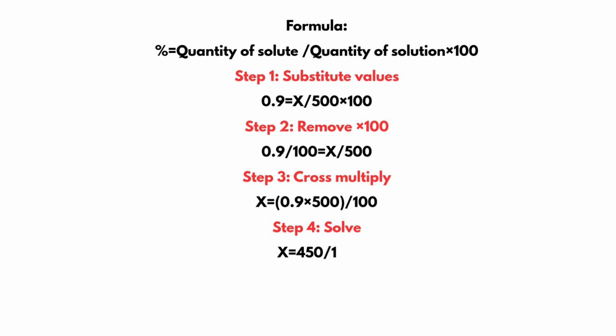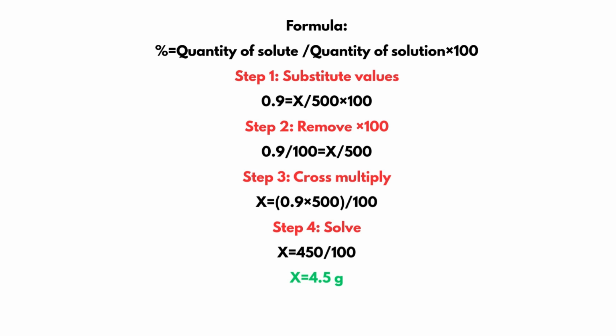So in place of quantity of solute, we will put X, in place of percentage we will write 0.9, and in place of quantity of solution we will put 500. After calculation, we will get 4.5 gram. So 4.5 gram of sodium chloride is required to prepare 500 ml of 0.9% weight by volume solution.